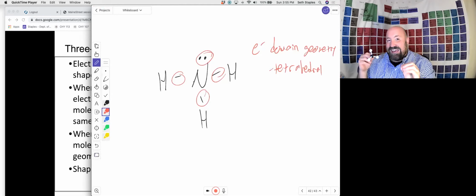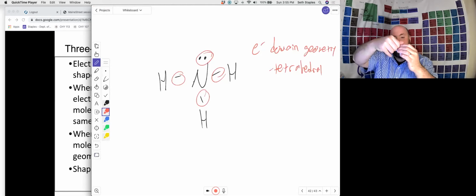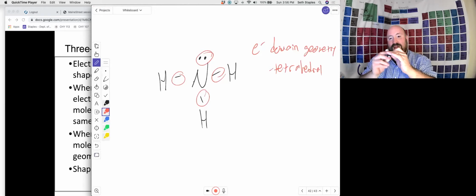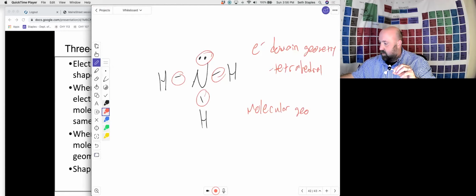But the molecular geometry is how all of the other atoms are arranged around our central atom. And so in the case of ammonia, one of these electron groups is a non-bonding group. The actual atoms look like this. And so the molecular geometry is different, and it's something that we call trigonal planar.